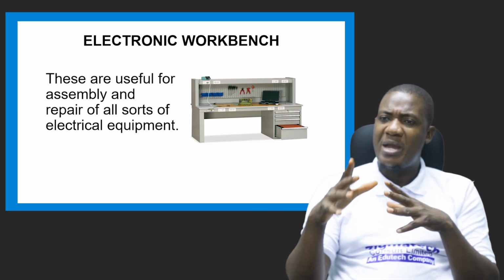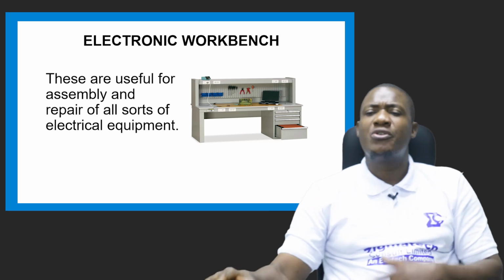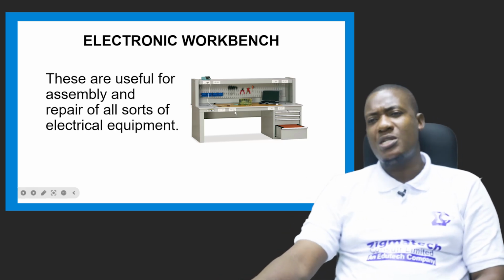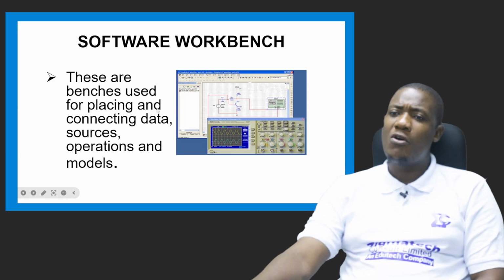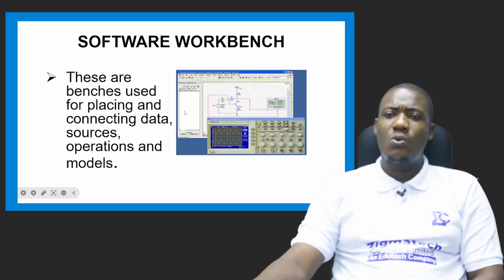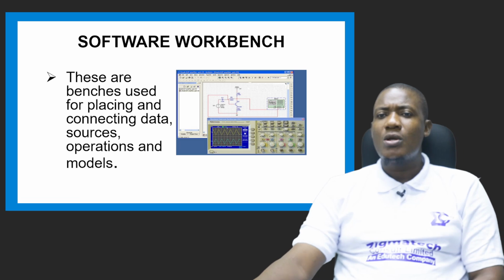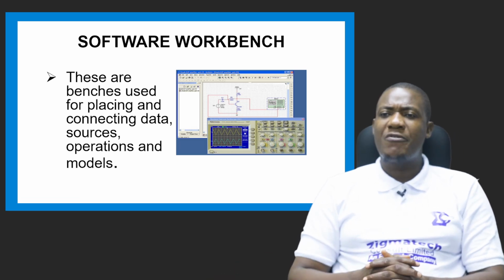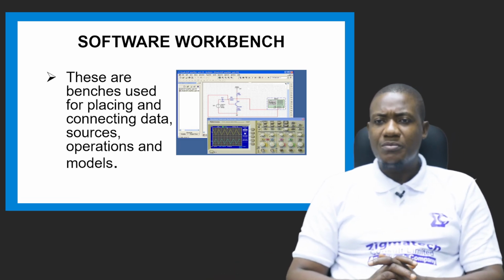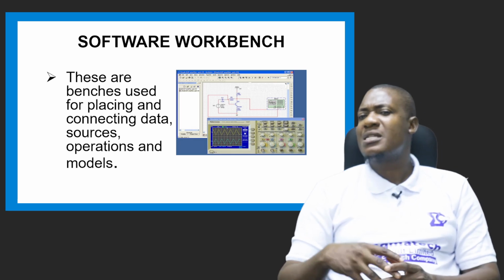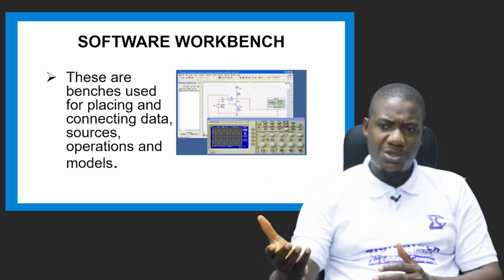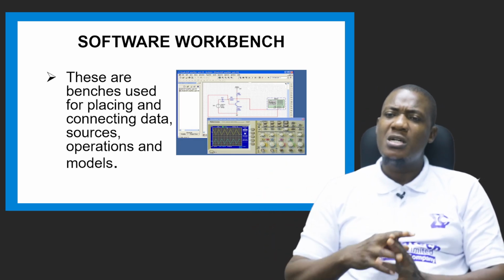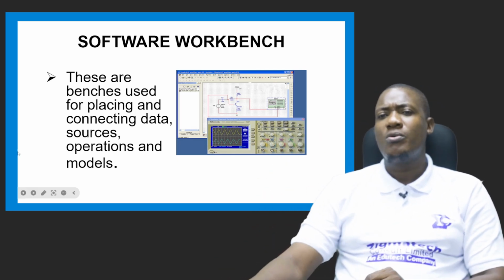Tightening, everything, repairs, are all carried out on this workbench that we see here. Okay, we also have another kind of workbench we call the software workbench. Like you see, it is used for placing and connecting data sources, operations, and models. That's what this workbench is basically used for.